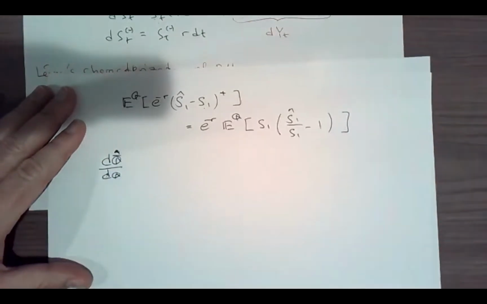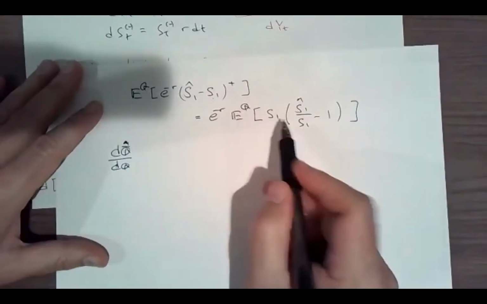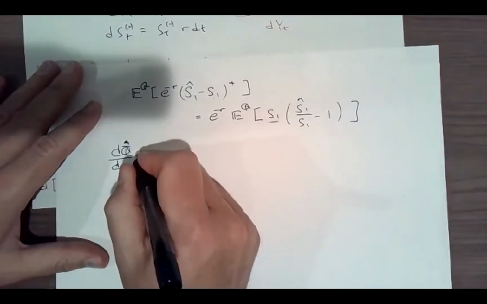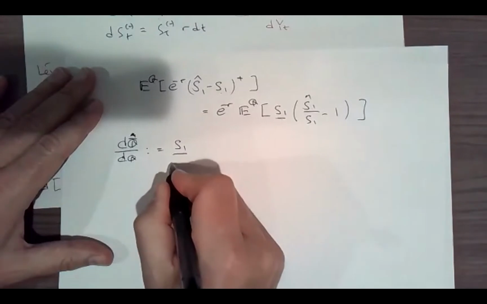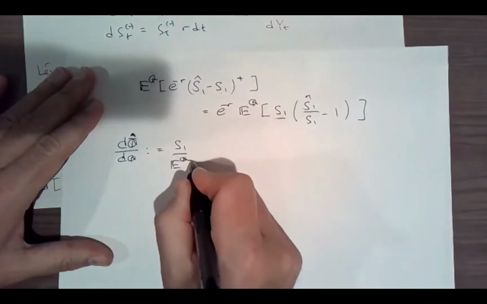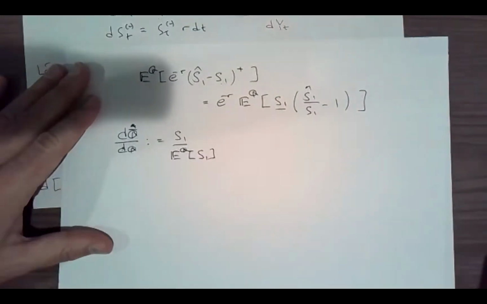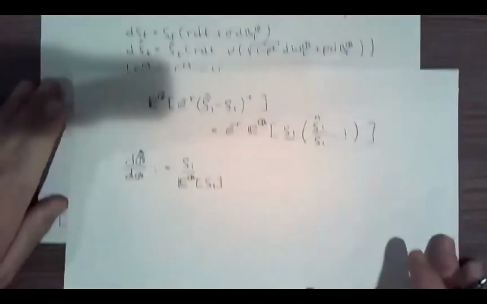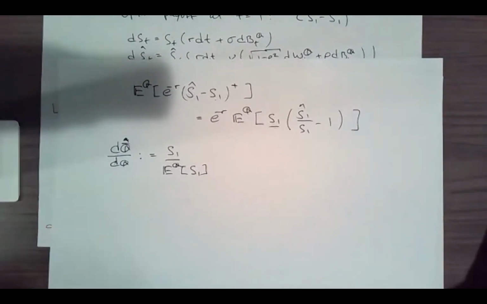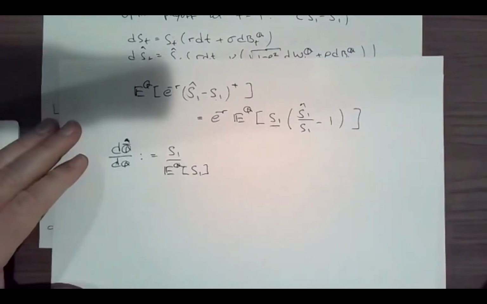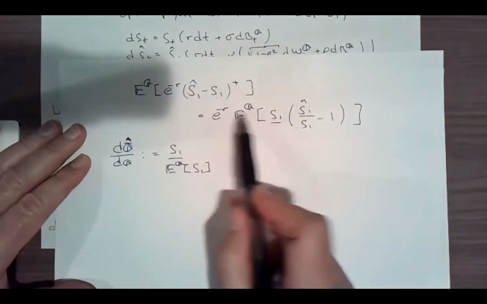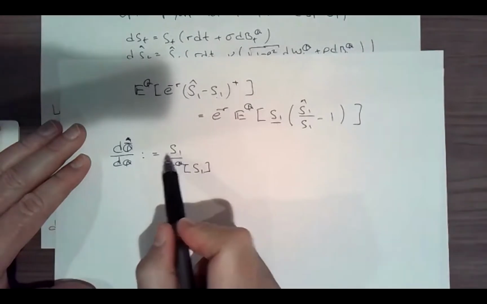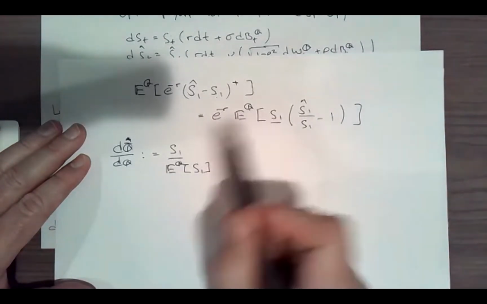All right, so we introduce new measures by defining their Radon-Nikodym derivatives, and we want to absorb this thing here into a change of measure. So this is going to be defined as S1, and then we need to divide by the expectation under Q, because Q is downstairs. Maybe to make it a little bit easier, because this is not really a martingale, but if I discount it, I'm going to get a martingale.